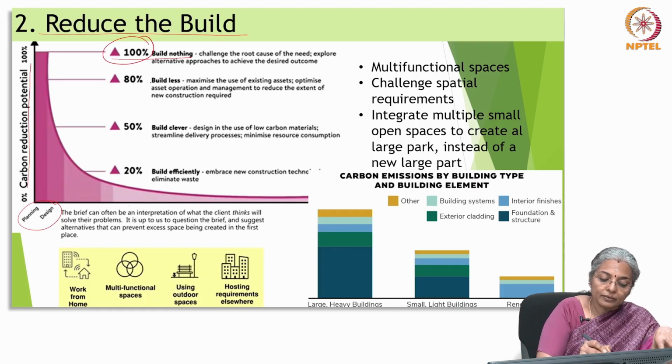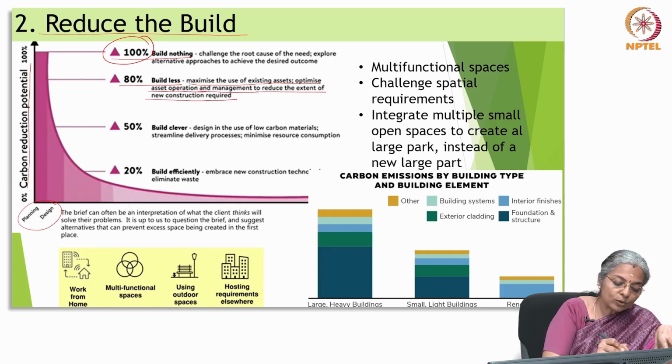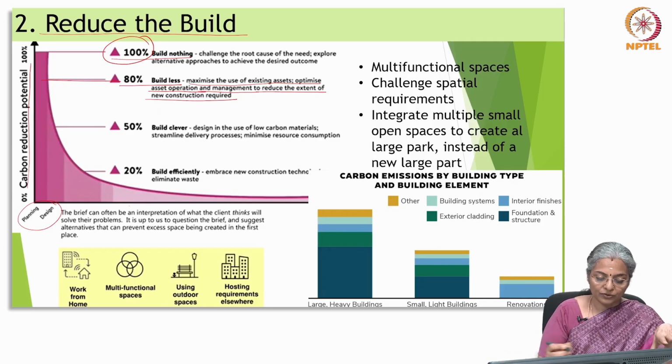So, if you build less, that is, you maximize the use of existing buildings and their assets and optimize those assets for operation and management to reduce the extent of new construction required, then you can reduce up to 80% carbon dioxide from getting emitted into the atmosphere.